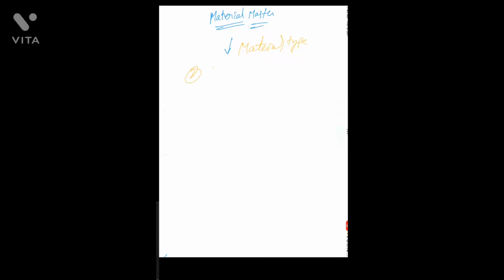Okay. Departments. Departments, generally we call them views. When you are creating the material number, the material master record, there will be views. So generally those views we call a department.